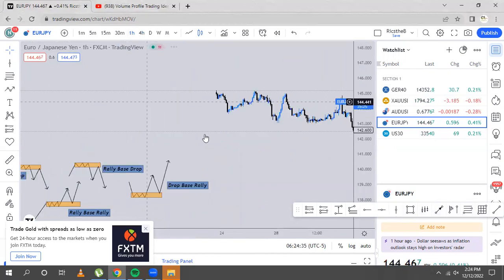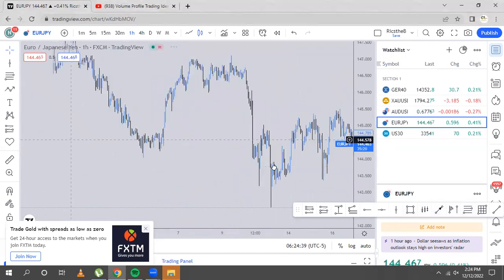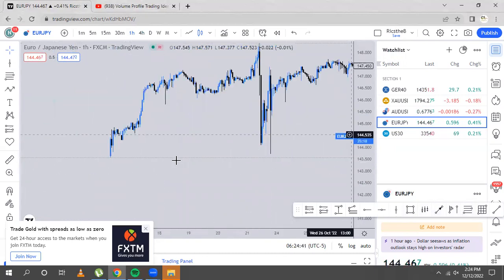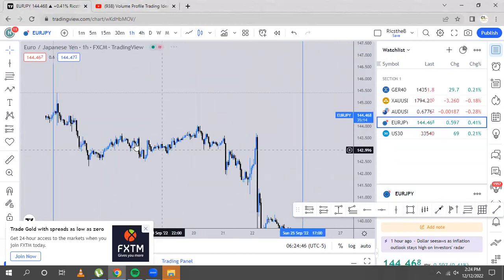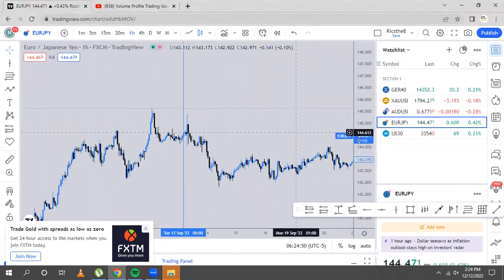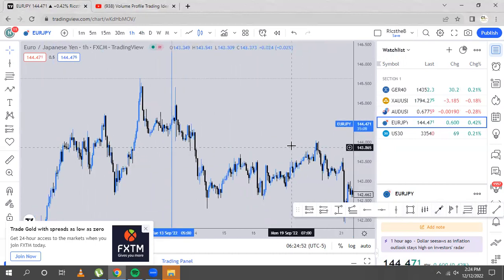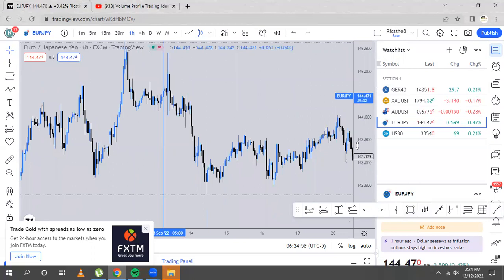So let me go to a much lower time frame where we get to have more action and more area to learn from. Beginning from this level, again, we said for us to be able to qualify nice structural breaks, nice supply areas, we need to have proper areas of structure.